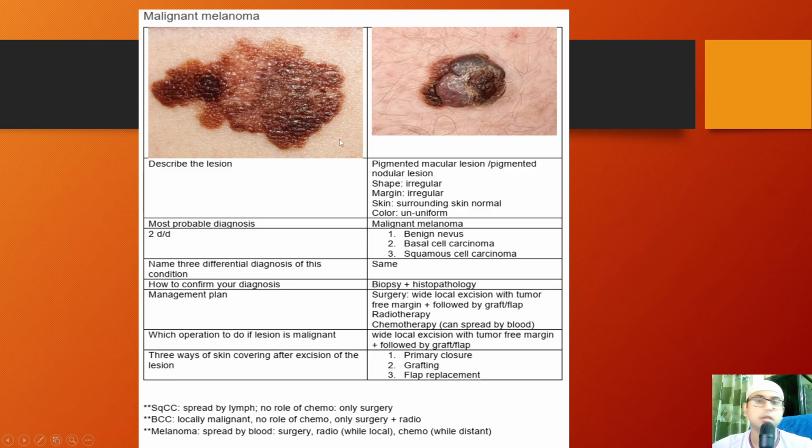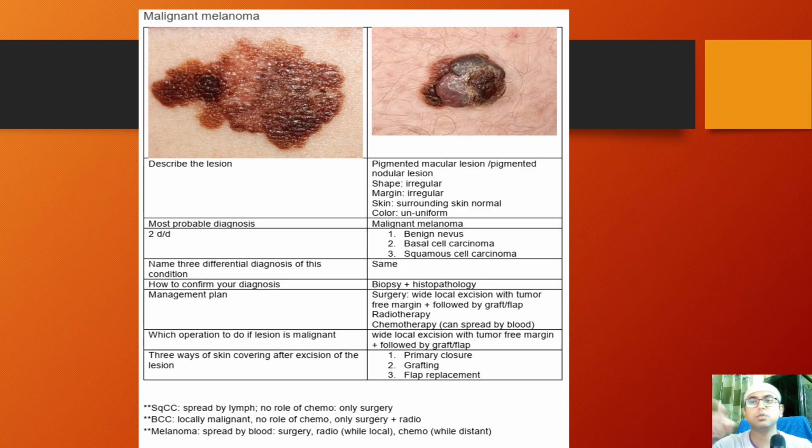The diagnostic protocol should be biopsy and histopathology, and the management should be wide local excision of the tumor with tumor-free margin, and the tumor-free margin will be counted by Breslow thickness classification. It will be discussed in the short case class about malignant melanoma.